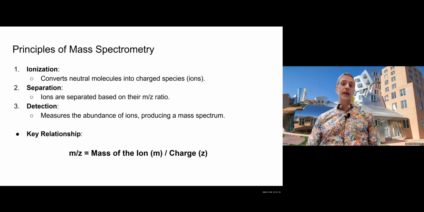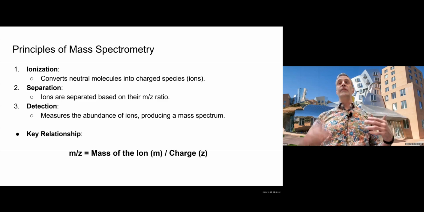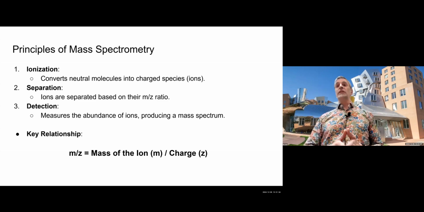But essentially in mass spec, we have a few steps. First, we need to take our sample, and we need to take the molecules that are there and ionize them into charged species, because that's basically what we're using to figure out their weight.